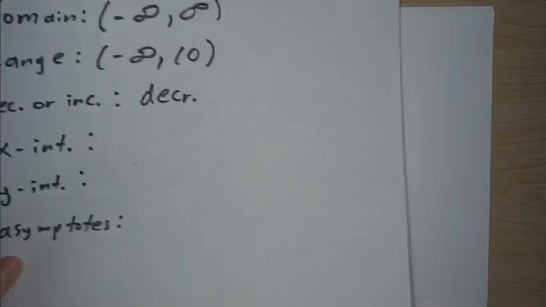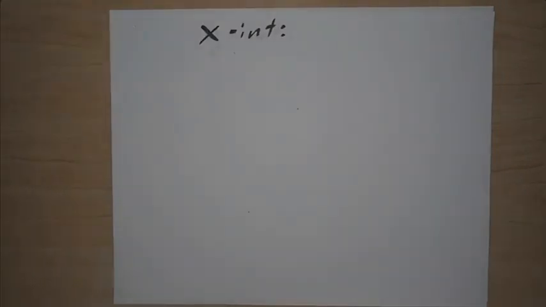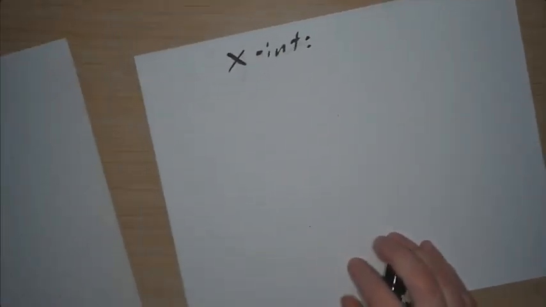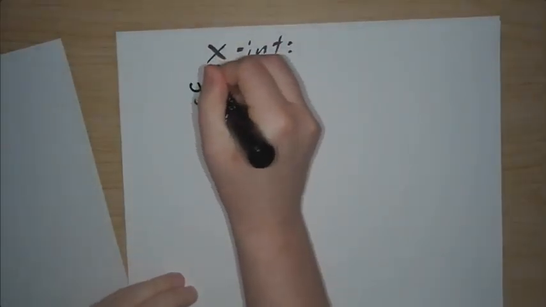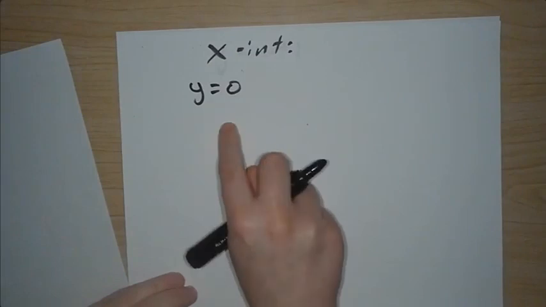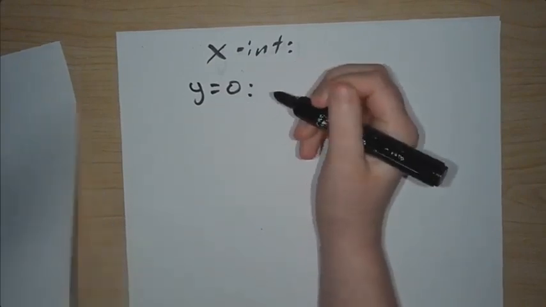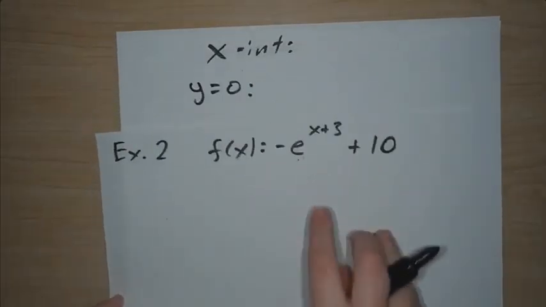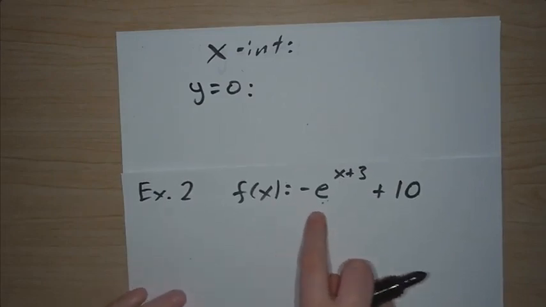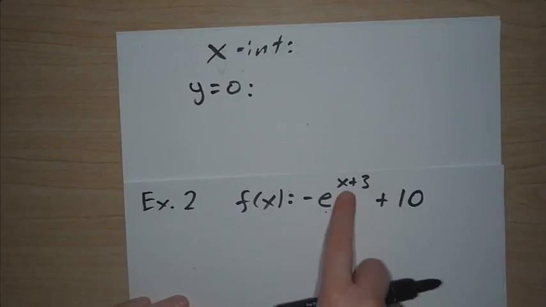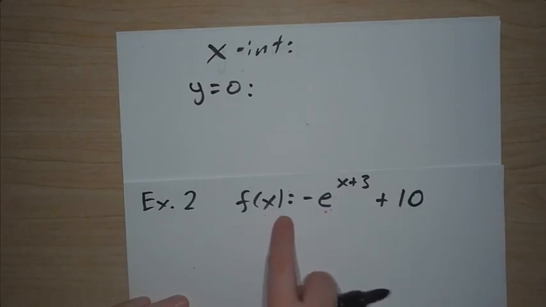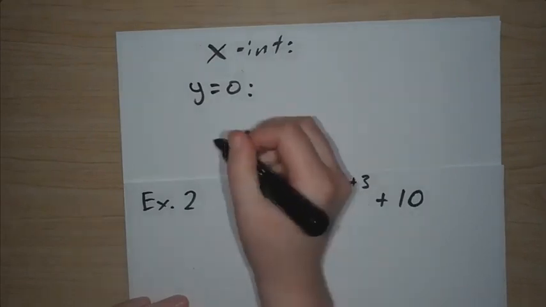Starting with the x-intercept algebraically, our x-intercept happens when y is equal to 0. So our function is f of x equals negative e to the x plus 3 plus 10. We're going to substitute y, which is f of x, as 0.